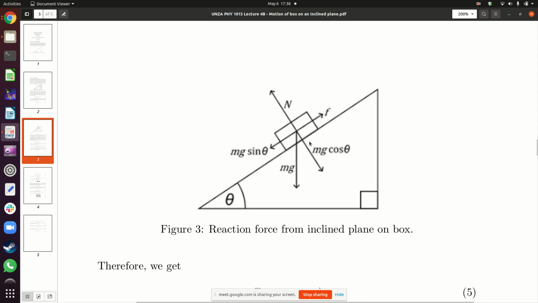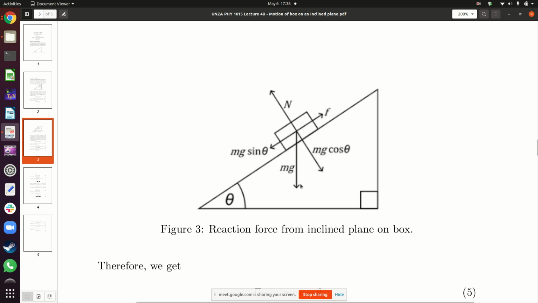So this box is exerting a force along the y-axis equal to mg cos theta. The incline will feel this force, so it is going to push back against the box along the y-axis with an equal but opposite force, which is called the normal force. So the normal force is the result of the incline pushing back against the y component of the weight, which is mg cos theta.